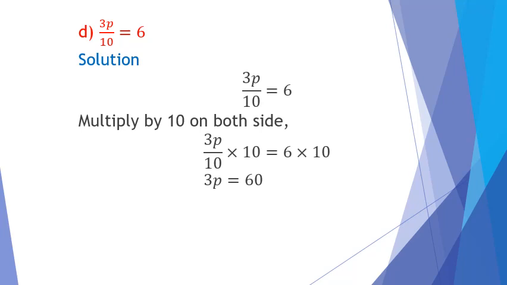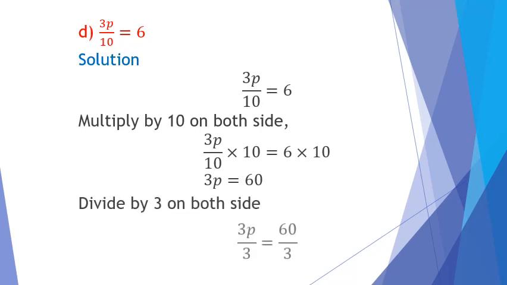Again, to separate 3 and p, we have to divide by 3 on both sides. So we get 3p upon 3 equal to 60 upon 3, that is equal to 20. Therefore, p equal to 20 is the solution.